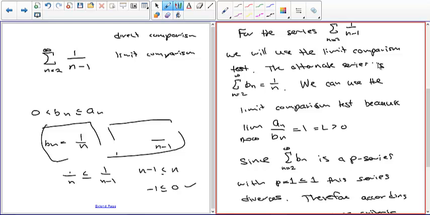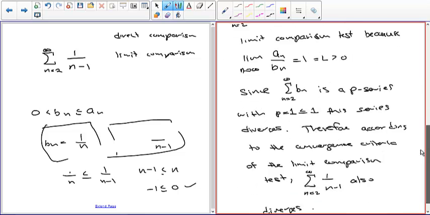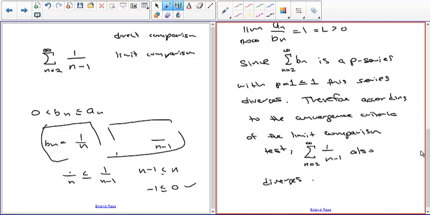And then since the alternative series is a p-series with p equal to 1, which is less than or equal to 1, this series diverges according to the criteria of the p-series. And then finally, we can use the limit comparison test along with the divergence of the alternative series to say that the original series diverges. Okay, so that's how that works.